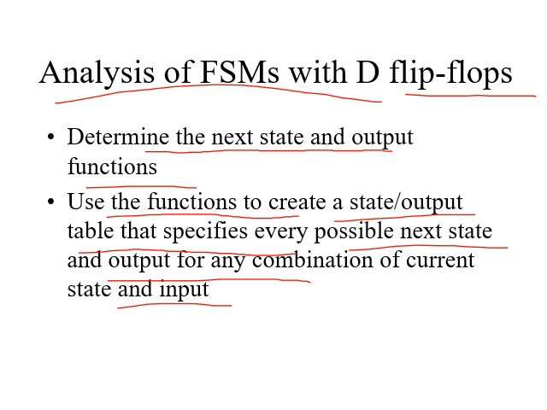Like for example, let's say the current state is 10 and for example, the input is say 0. So we must be able to define what will happen to the output and the next state when we give an input of 0 when the current state is 10. So this will provide an exact definition of the FSM.